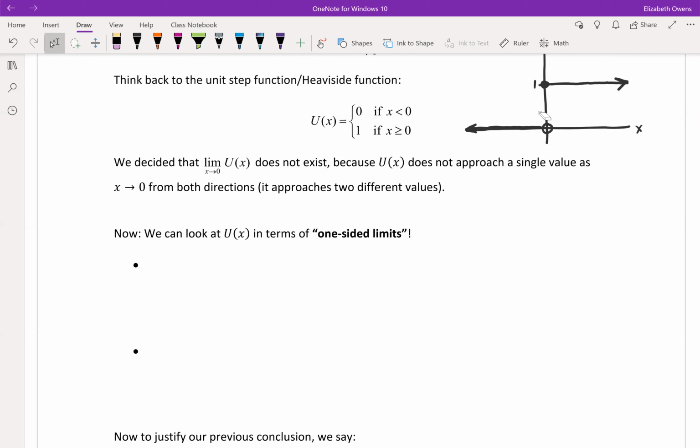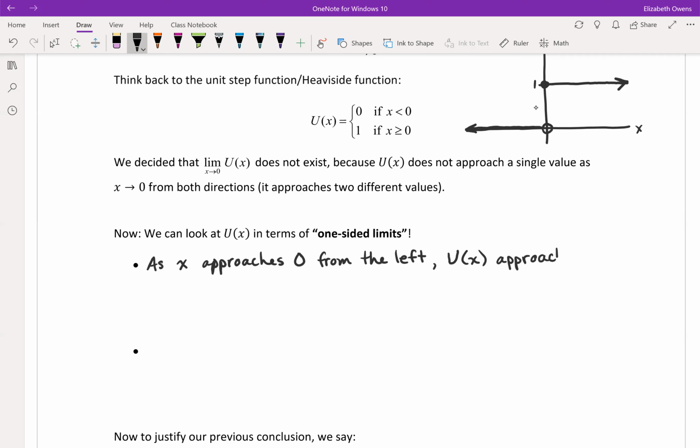So we say that as x approaches 0 from the left, so we're coming in from the left here, let's see what happens to u of x. What are we going to be approaching there?